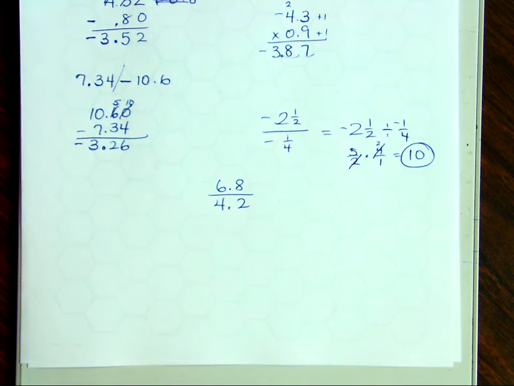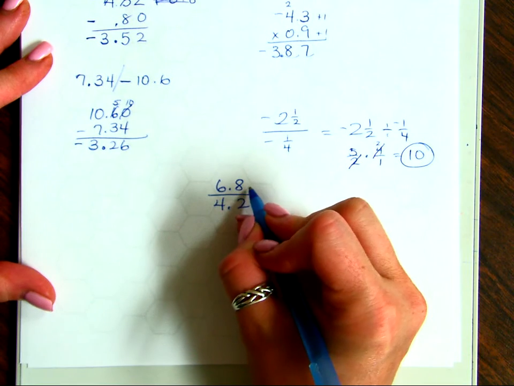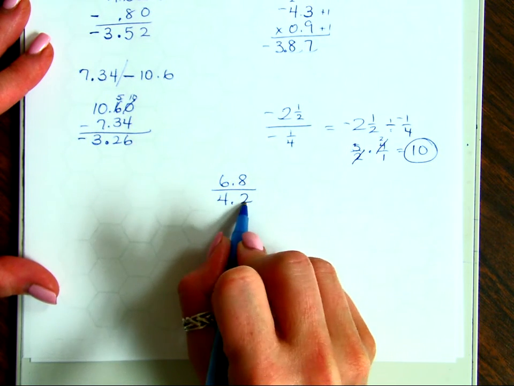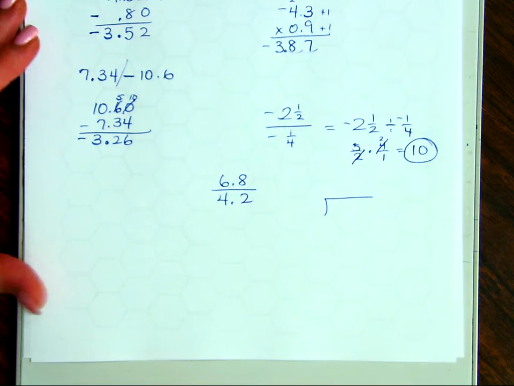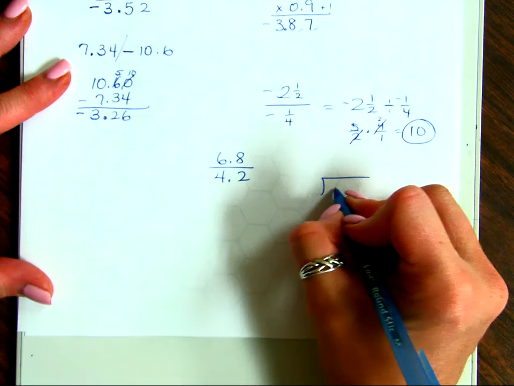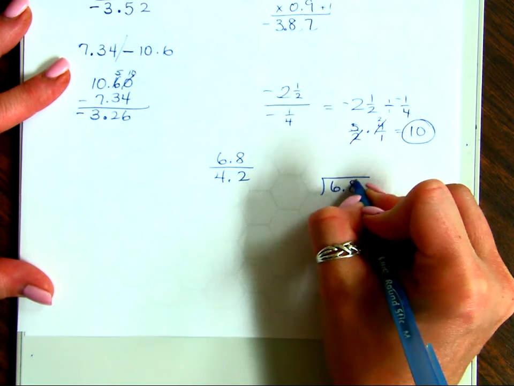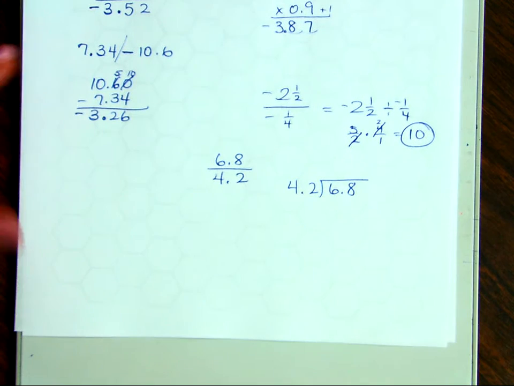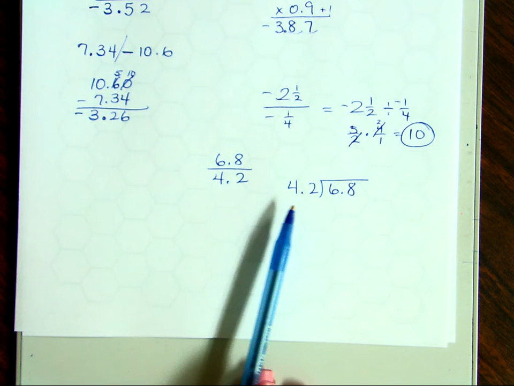The only last thing, and I'm hoping you remember this from 6th grade, this means that it's 6 8/10 divided by 4 2/10. Oh my goodness, which one goes here? Which one's being divided? You're taking the 6 8/10 and dividing it by 4 2/10. And the rule we have to remember with dividing with decimals is that you can't divide by a decimal.